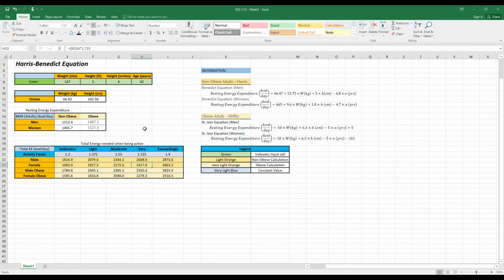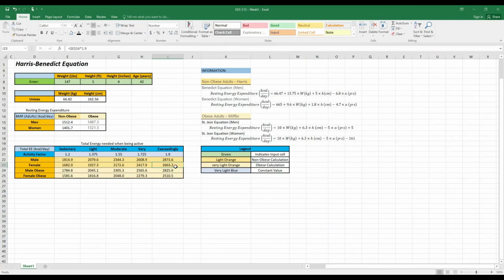I like it because it kind of shows, if the female, let's say, says, I really want to start working out, what's going to be my total energy expenditure for the day, and you've got it right here already.